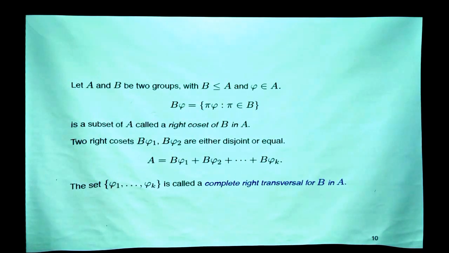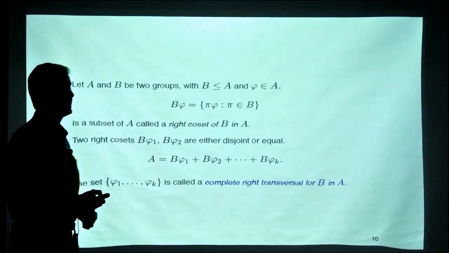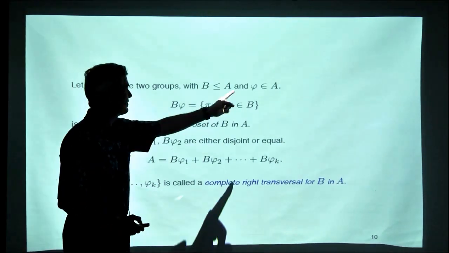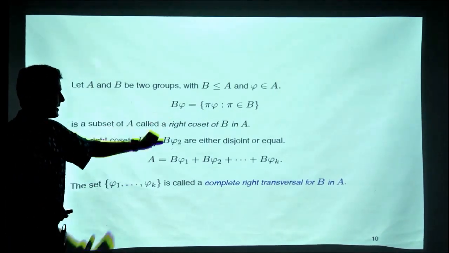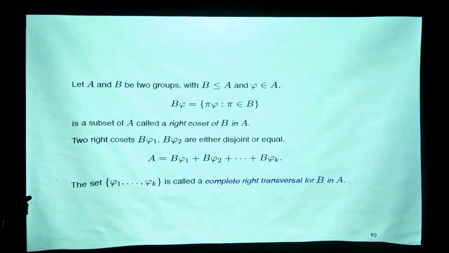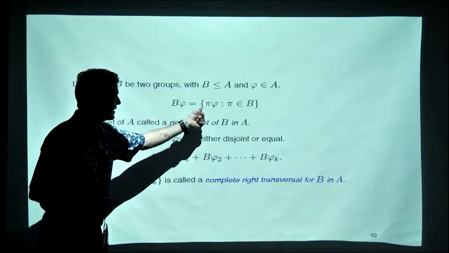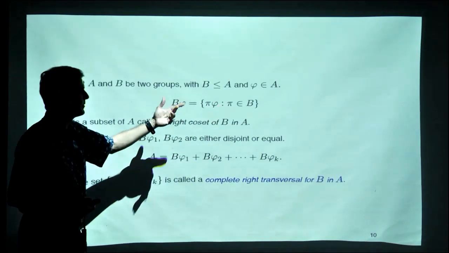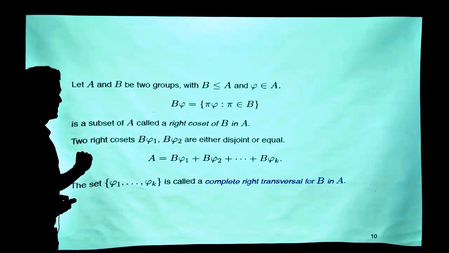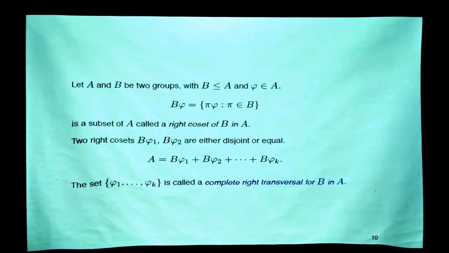We have two finite groups, A and B, and this notation means that B is a subgroup of A, and we have an element of A. This object here is the set of permutations that can be written as an element of B times this element. This is of course a subset of A.